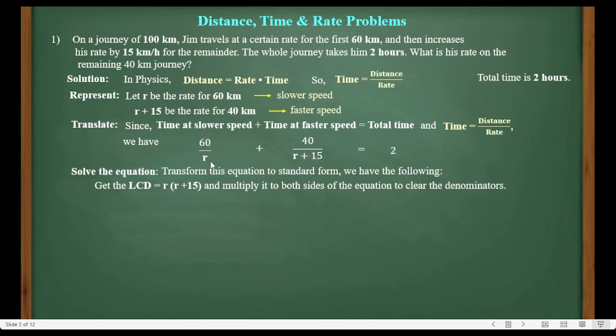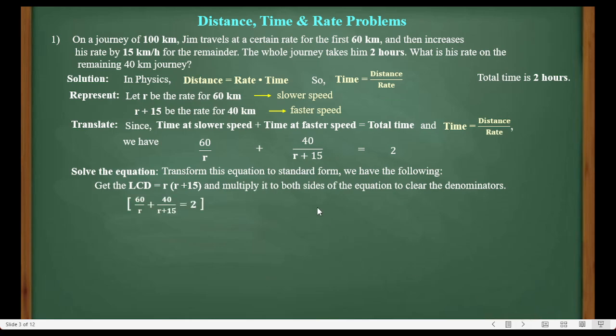Basically, the LCD is simply the product of r and the quantity r plus 15. That is the LCD. What shall we do with the LCD? We're going to multiply this formulated equation by the LCD to both sides in order to clear the denominators.